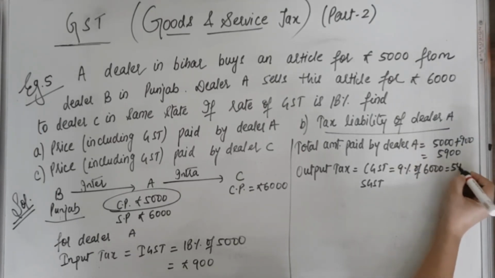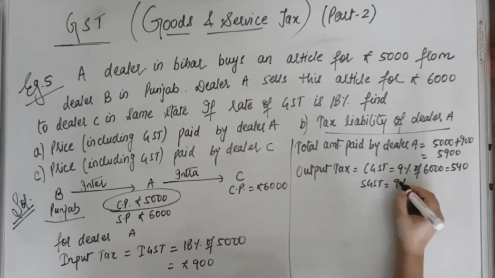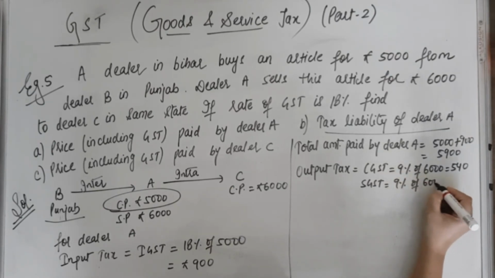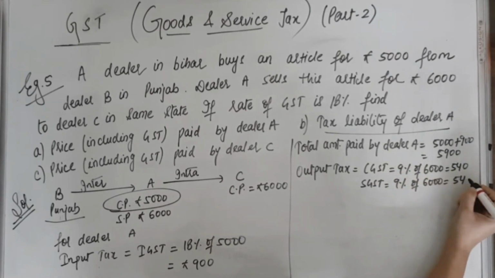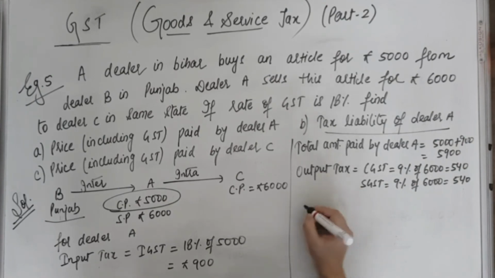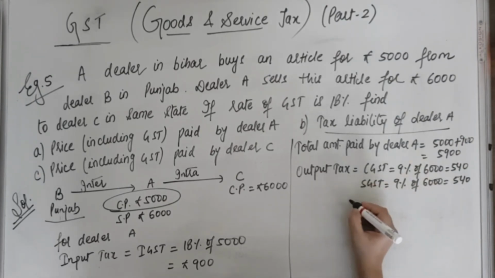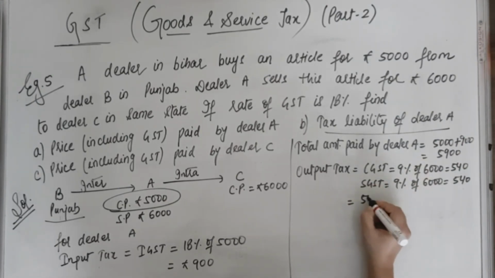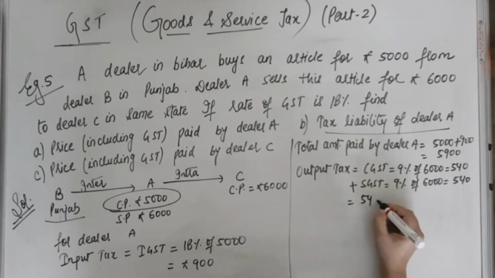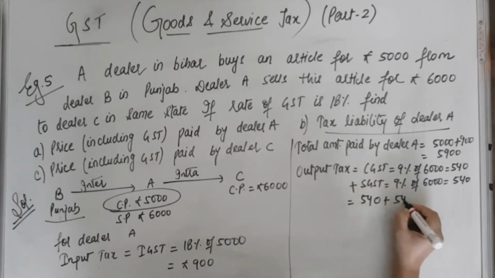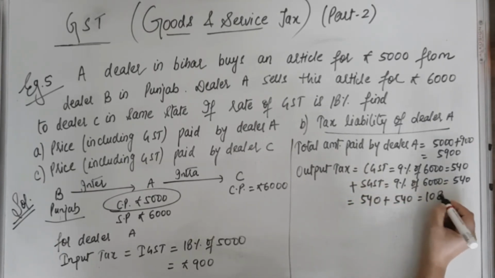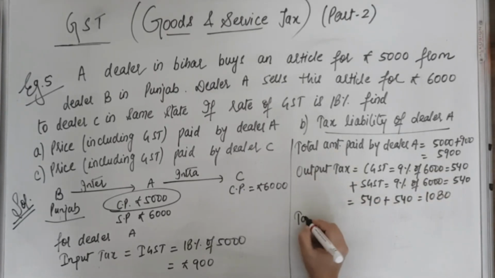This will be 540. This will be also 9% of 6000, so this will be also 540. So output tax, adding both, CGST plus SGST, 540 plus 540, will be 1080.